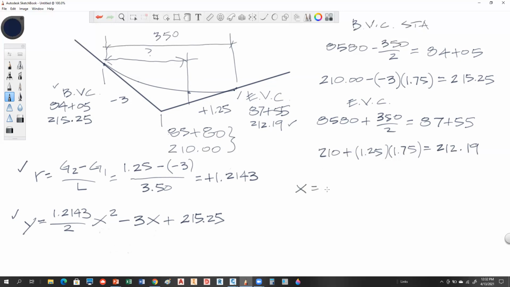To get the location of the low spot in terms of x, we take -g1 divided by r. So we just plug that in. G1 is -3, so a negative minus a negative becomes positive, and r was 1.2143. This will be the distance from the BVC to the low point in terms of stations.